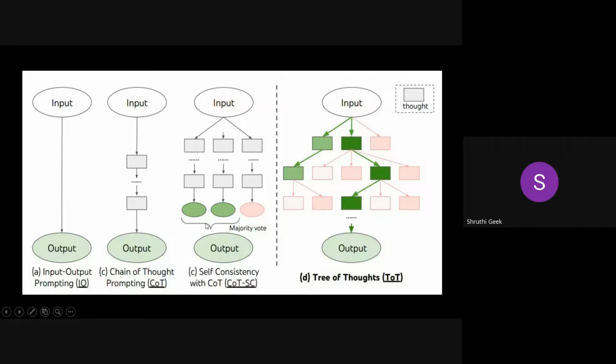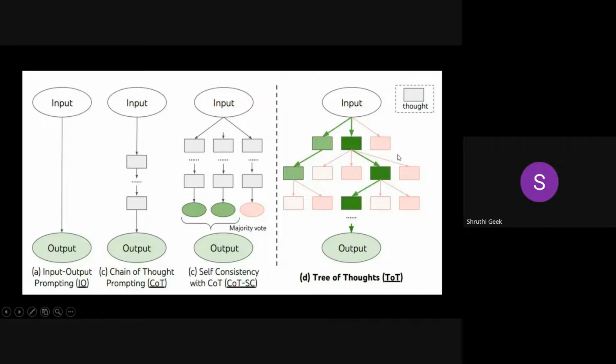The outputs that receive the majority vote will be selected as the final output. So this is more like running the chain in parallel. I will run 10 chains in parallel, say out of which 5 chains give me 11 as the answer. Then I will choose 11 as my output answer, whichever gets the majority vote.